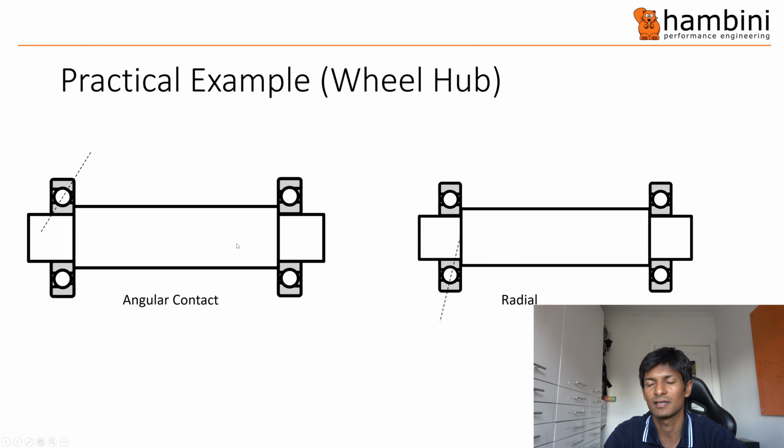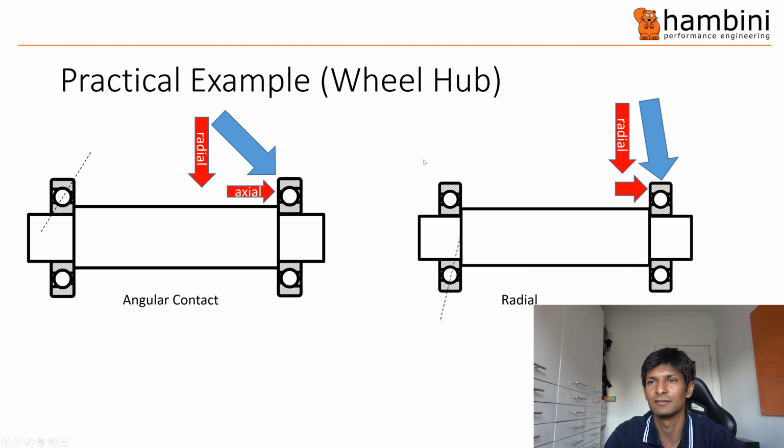The difference between angular contact and radial may not be clear on your picture unless you zoom in, is like this. So this is your angular contact, and this is your radial. So what you can see is the angle of this blue line or blue arrow is much steeper in this case.